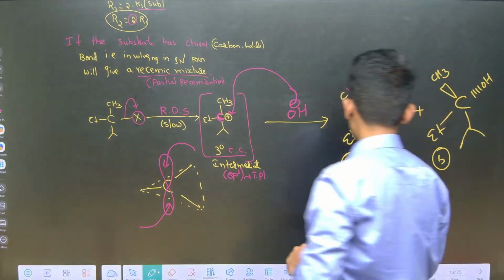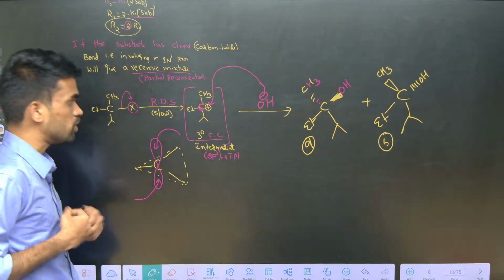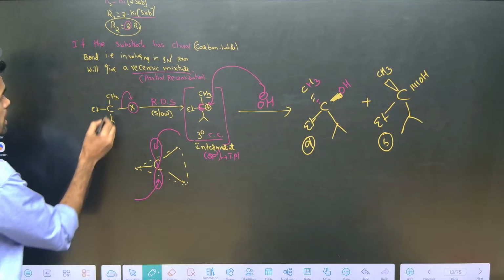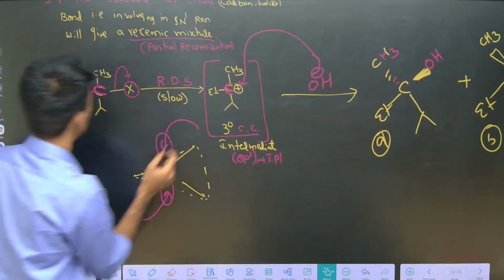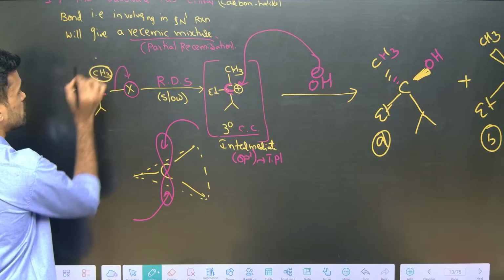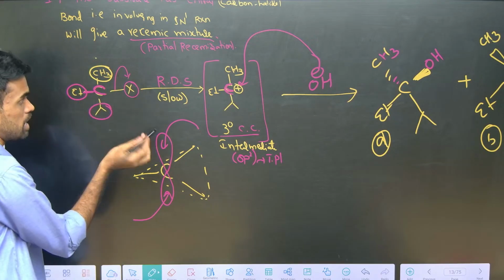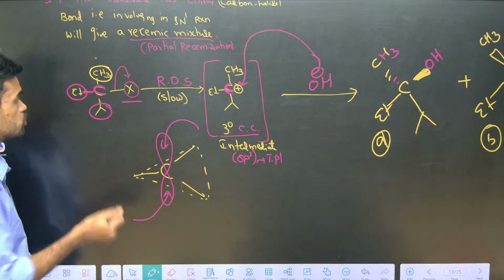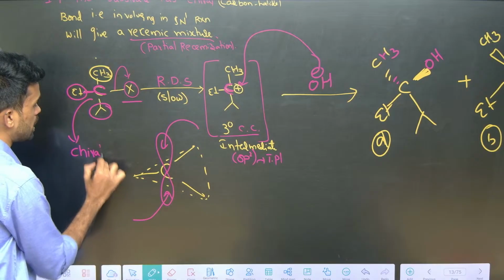Now just understand what I have written there. Look at their configurations. What do we mean by configurations here? Whenever a carbon has 4 different groups around it, one is methyl, another is ethyl, a different alkyl group, and propyl, a different alkyl group, and halide, so 4 different groups are there, that carbon is considered to be a chiral carbon.